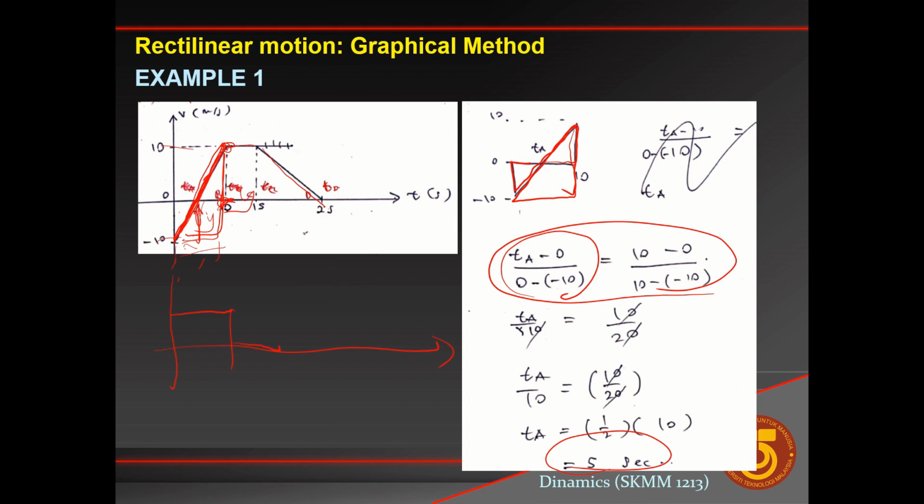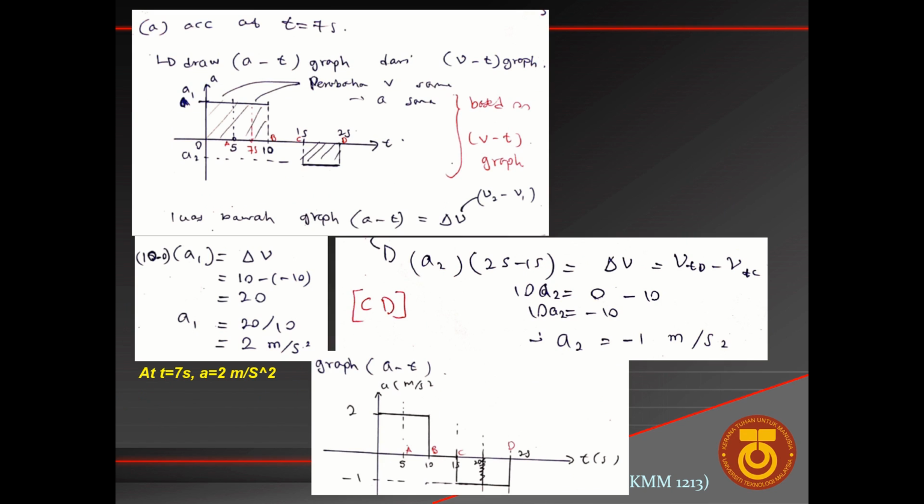This decreases, so a will be a negative value. That should be the a-t graph. Say you have a1 and here is a2. You don't know the values of a1 and a2, but the graph is correct, with the times given as 25, 15, 10, and so on. That's how I draw this graph.